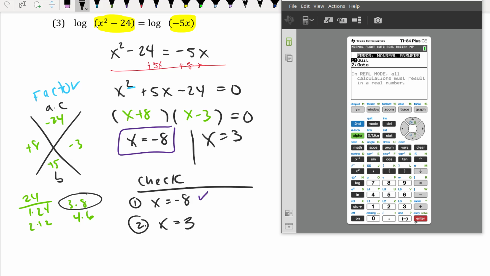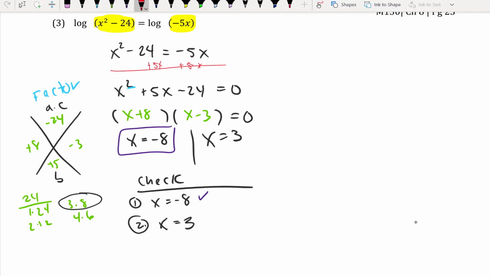So x is equal to 3 makes the inside of the log negative. 9 minus 24 is a negative number. Therefore, it's not going to work. So it fails our check. The only possible answer that we have is x is equal to a negative 8. So you have to be careful with checking our domain, right? Is it going to make the inside of the logarithm negative or positive?